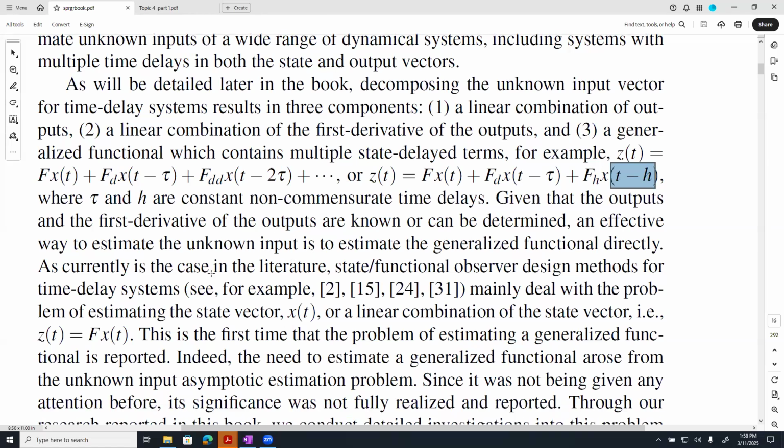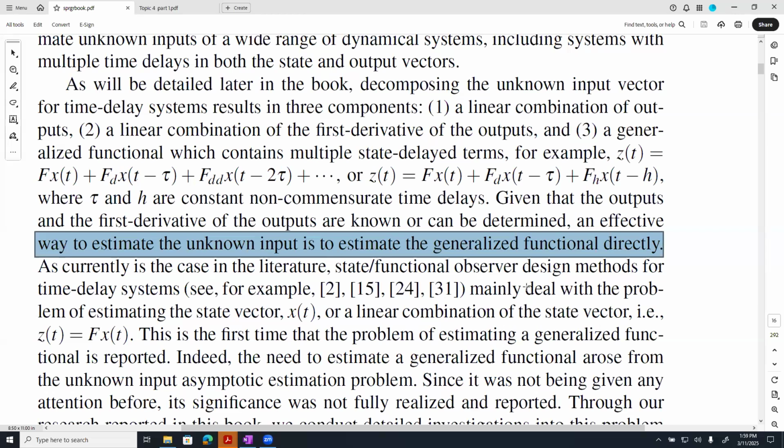Now, an effective way to estimate the unknown input is to estimate the generalized functional directly. We keep reiterating this message because we will show later on in our expository research, which is the third part of the book, the effectiveness of estimating the generalized functional directly.